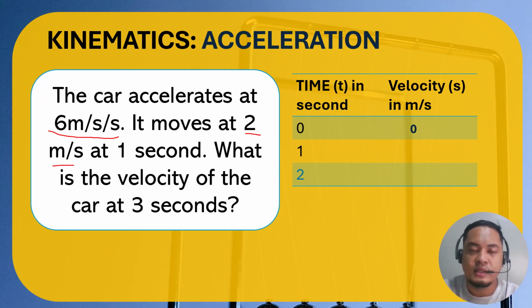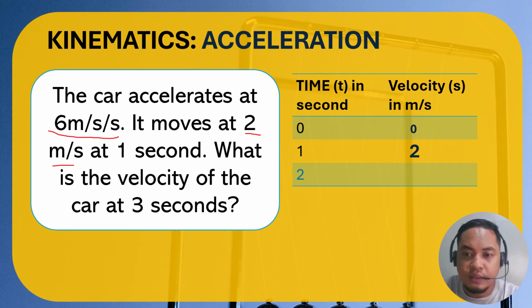But there are cases where the problem will provide the velocity at rest, or the initial velocity at 0 seconds. And you will just add 6. Sorry, not 6, but 2 is the velocity at 1 second. It's in the problem. Again, 2 meters per second, that's the velocity at 1 second. Then you just add 6 because we need to find the velocity at 3 seconds.